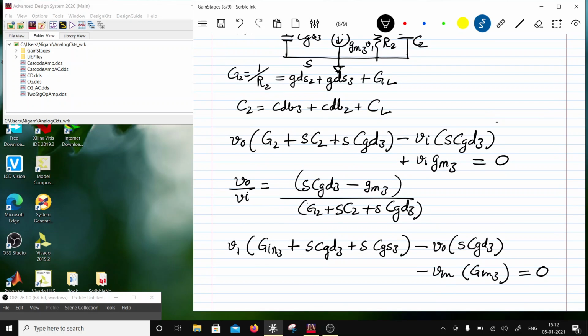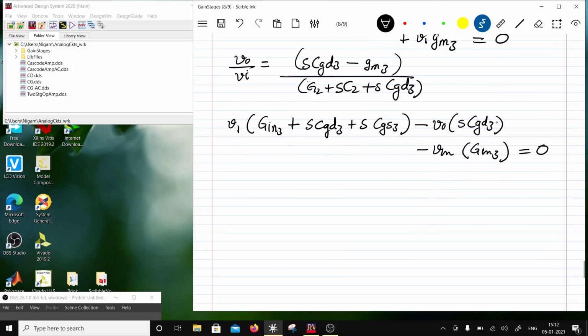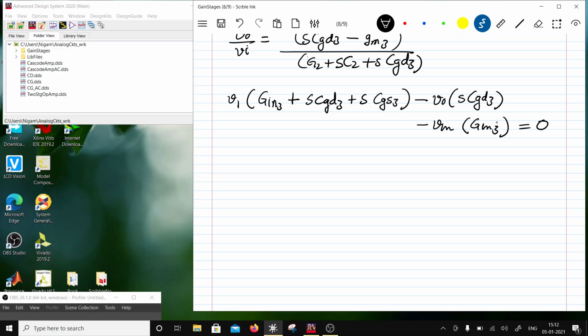Now if I was to substitute VO from this equation, right? So I would have V1, so this is going to be quite involving, G in 3 plus, okay, V1 G in 3 plus SCGD3 plus SCGS3. VO is to be substituted. So first let me write here V in G in 3.